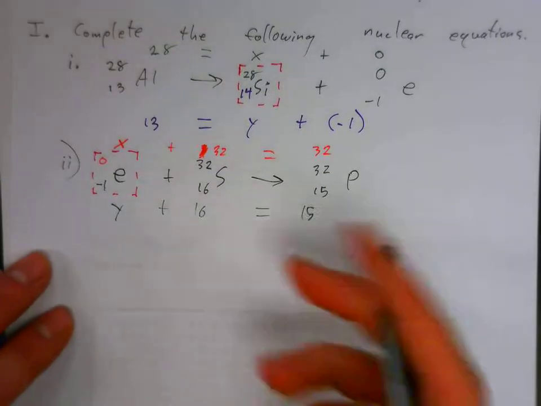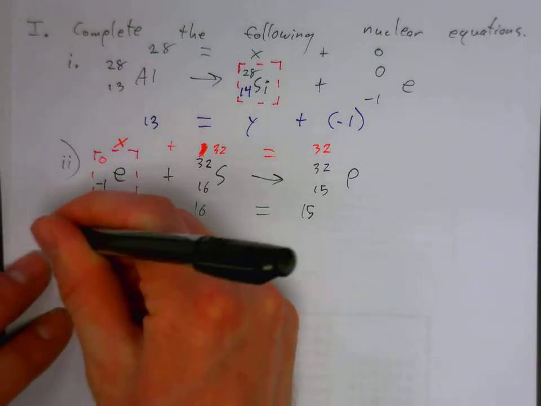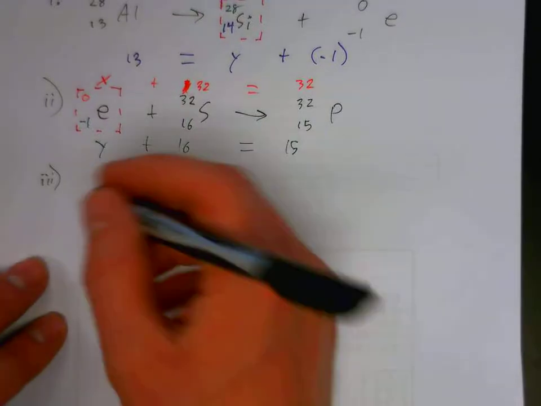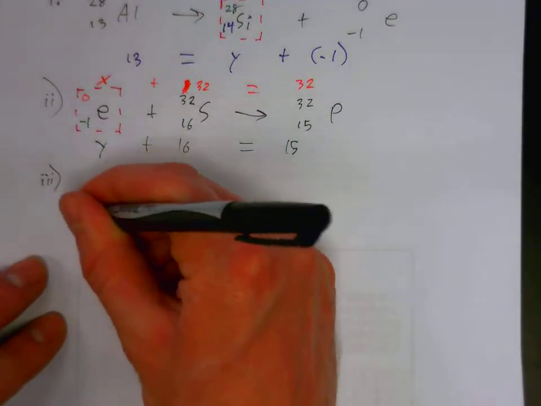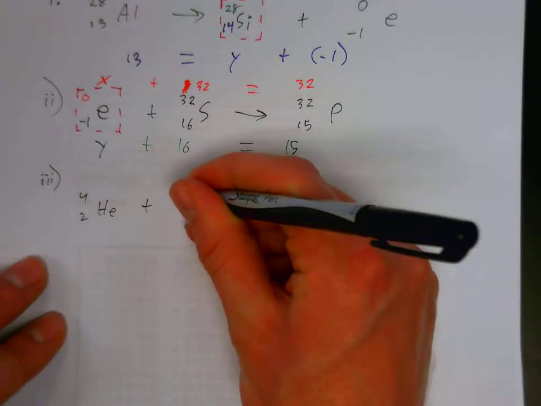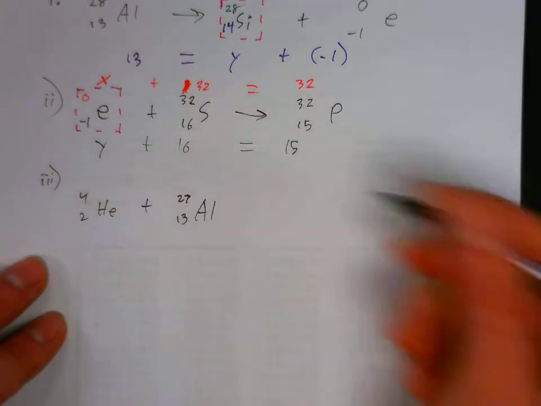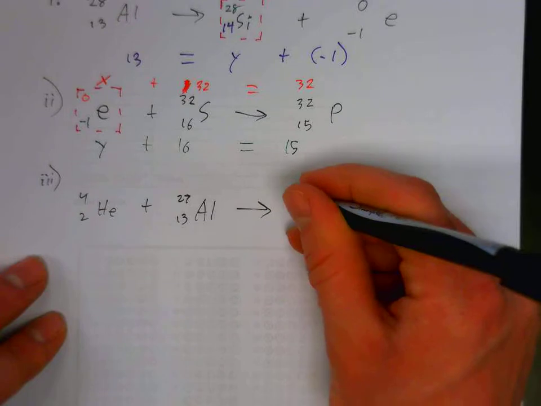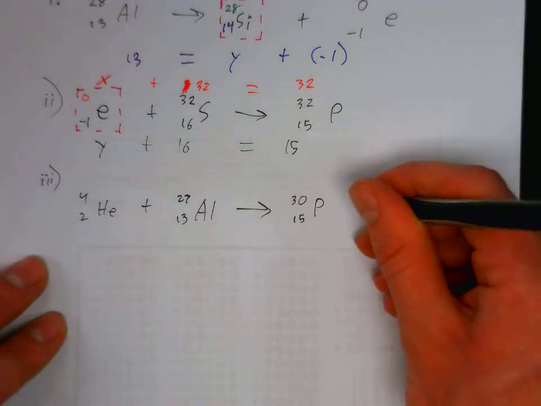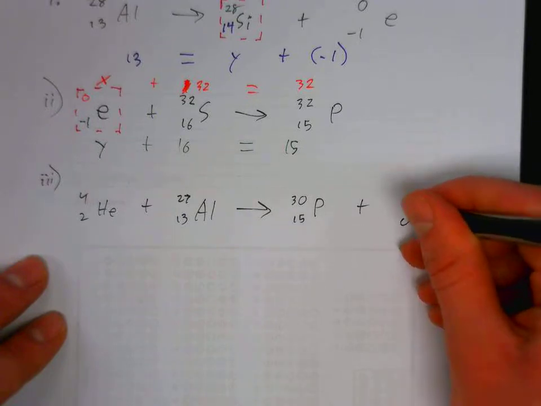How about this example? Let's say we have 4 over 2 He plus 27 13 Al makes 30 over 50 phosphorus plus 1 over 0.